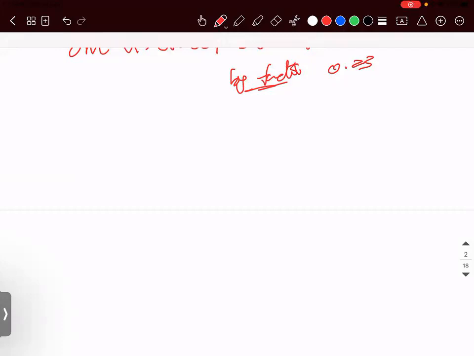So this is about reflection. What's the doubt? What are the data? F is equal to minus 15, U equal to minus 25, H equal to 4.